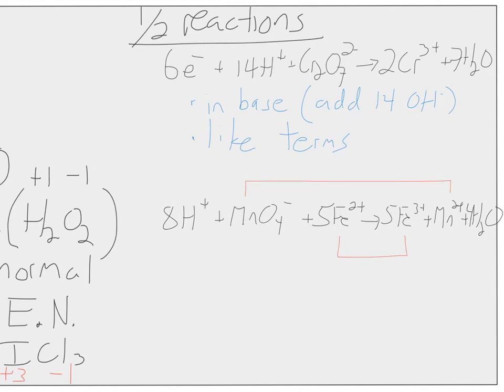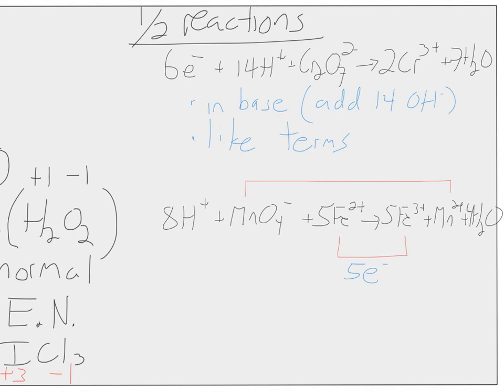The iron's really nice though, because it says we have a +2 state here and a +3 state there. There's 1 electron being transferred. And since they already have this balanced for you, it has a coefficient of 5. So that's actually telling us that there are 5 electrons being transferred there. That's the easiest way to find the electrons.